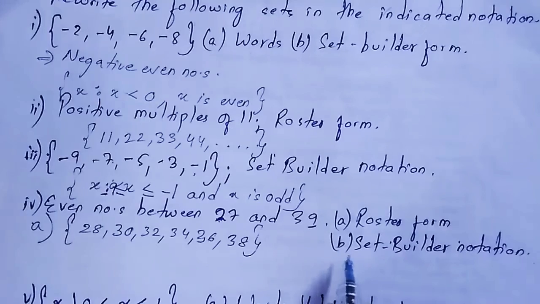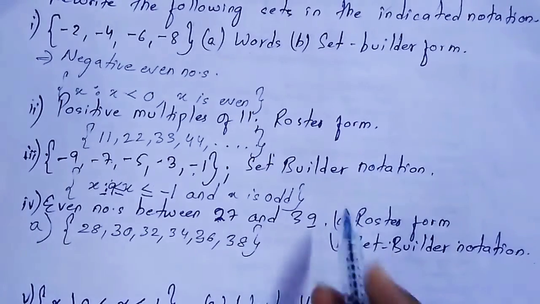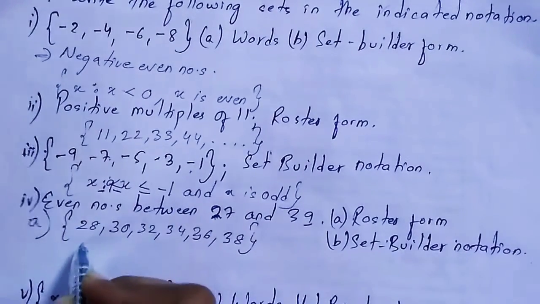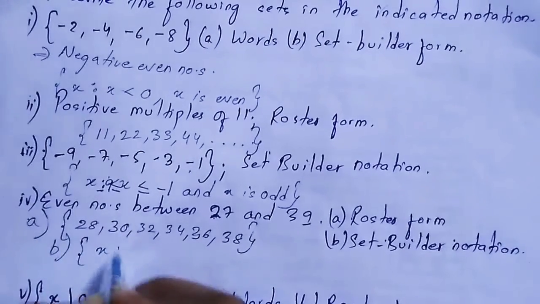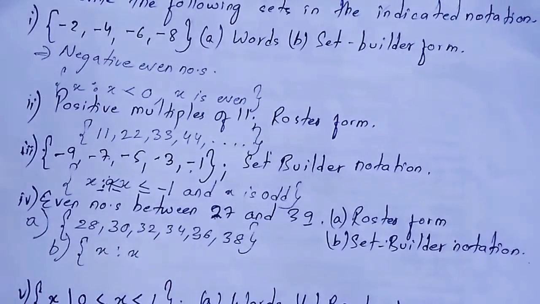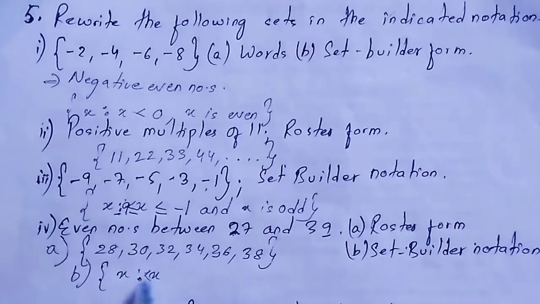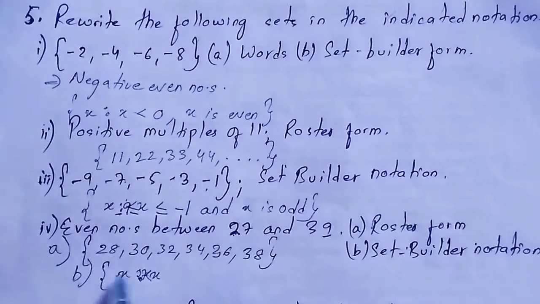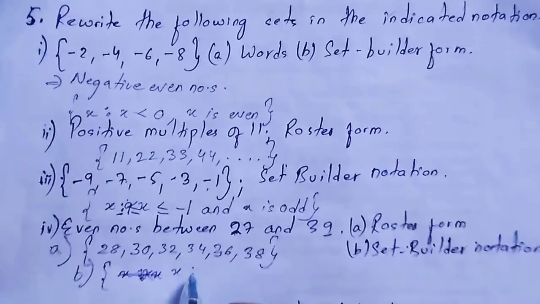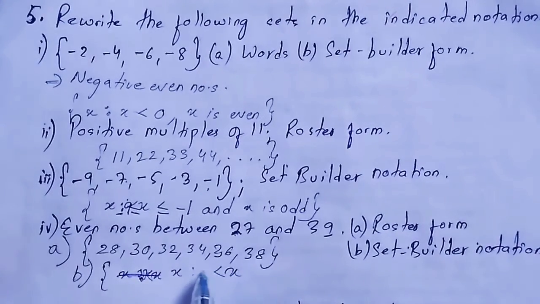And then you have to write it in set builder form. So friends, again you have to write it in this form. So you have to write number B. x is such that x is greater than 27. And friends, here you don't need to give an equal to sign. It is not clear, I'm writing it again. x is such that x is greater than 27, because here it will not be an equal to sign, as this does not include 27.